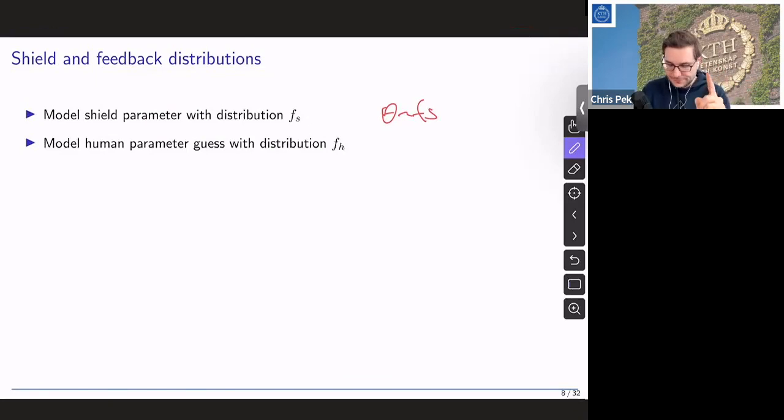Why is that the case? If you want to synthesize new shields directly from the human feedback, it could be that the human feedback suddenly switches because it's very uncertain feedback, and then you have large parameter jumps, which we don't want to achieve.